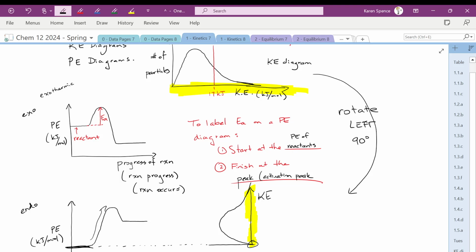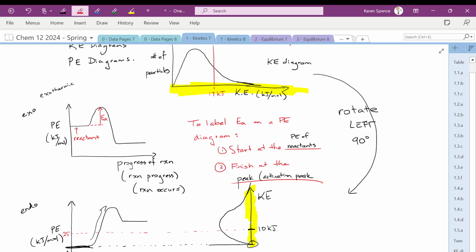Now, if I have a particle that has this much kinetic energy, let's just say that that is 10 kilojoules. Okay, and let's just say that this is 15 kilojoules. That means that 10 above that is 25. Yes? Okay.